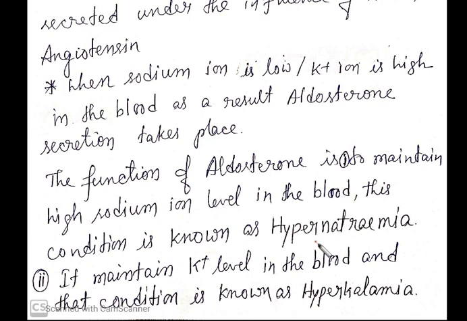Second, it maintains a low potassium level in the blood, and this condition is known as hypokalemia. Please correct it: this is not hyper, this is hypo. So this is hypokalemia. I hope you have corrected it.